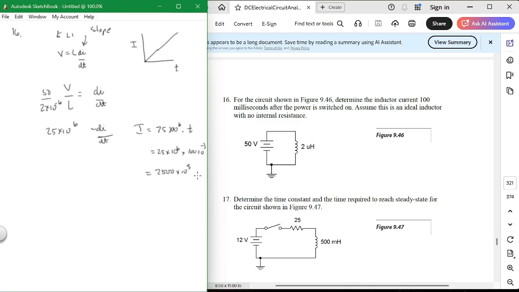Anyway, am I right? Did I mess up someplace? 2 microhenries, 50 over 2 times 10 to the minus 6 is 25 times 10 to the 6th. Yeah, that's it. That is a lot of current. It can't be, but that's the theory of how it's supposed to work.